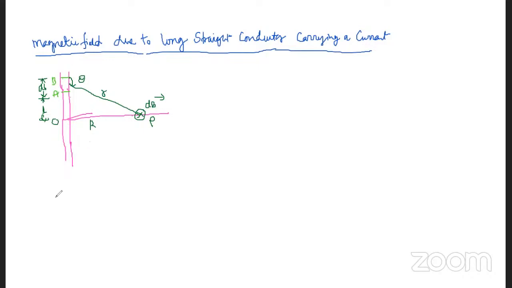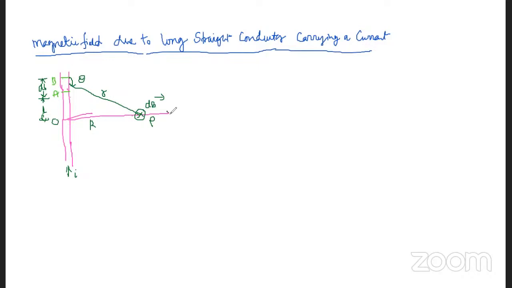In this, the current flowing is I. So we have considered a long straight conductor placed in a vacuum and carrying a current I, as shown in this figure. Now the aim is to derive an expression for the magnetic induction B due to the conductor at a point P on the x-axis.